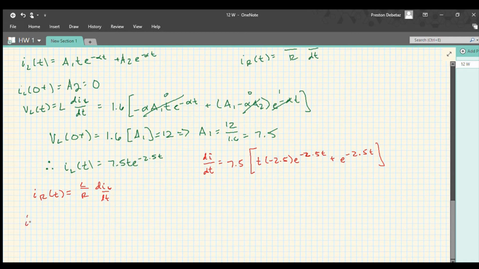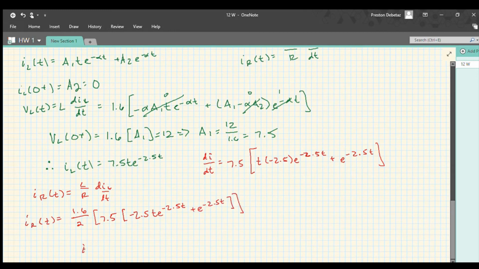So IR of t, we have 1.6 over 2, 7.5. This will be minus 2.5 t e to the minus 2.5 t plus e to the minus 2.5 t.